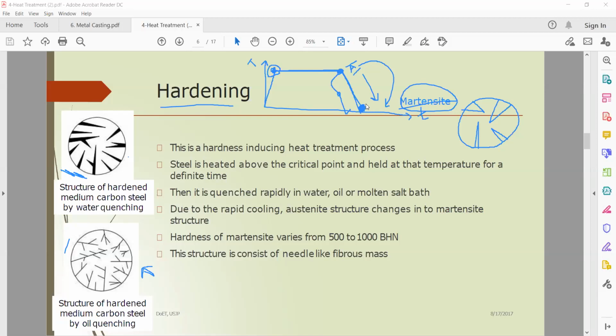That means if you are using plain carbon steel for the hardening process, then the cooling medium should be a water bath, right? Okay, then we'll continue.